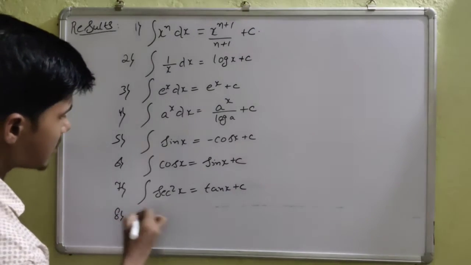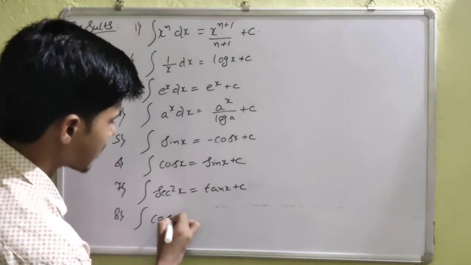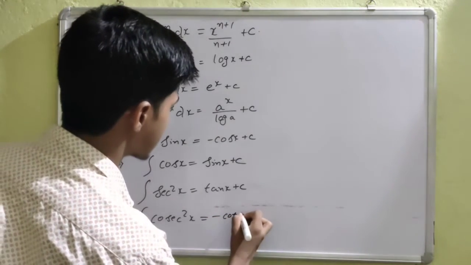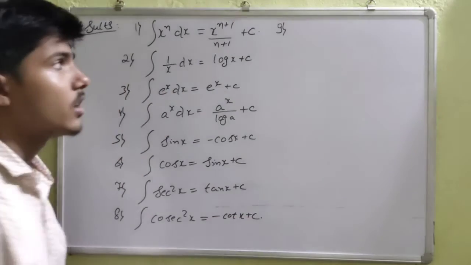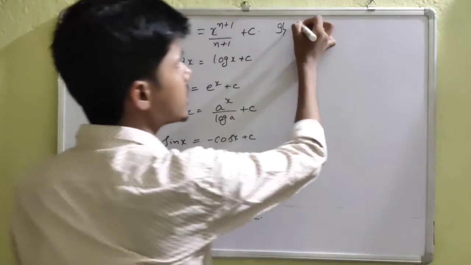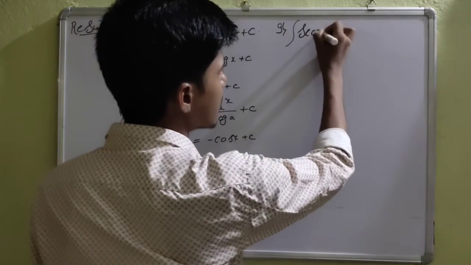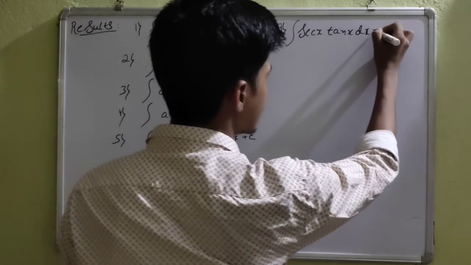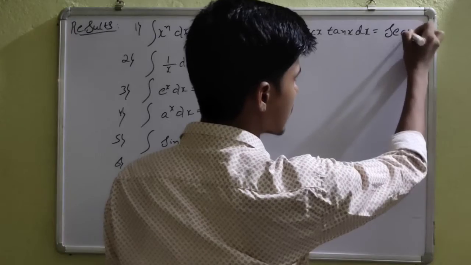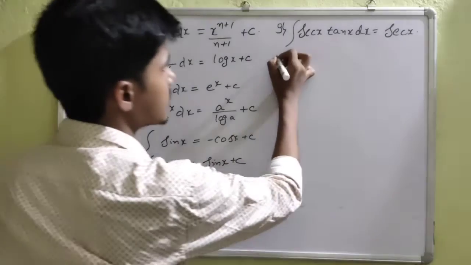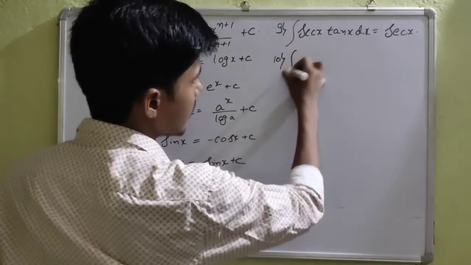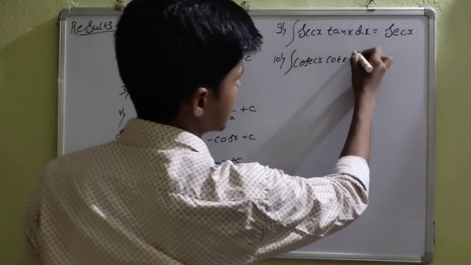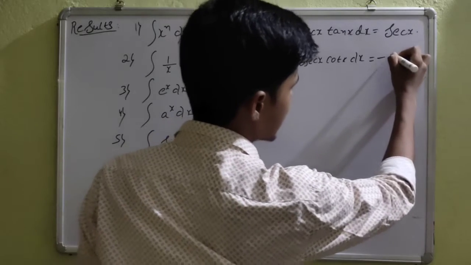The eighth one is integration of cosec square x is equal to minus cot x plus c. The ninth result is integration of sec x tan x dx is equal to sec x plus c. The tenth result is integration of cosec x cot x dx is equal to minus cosec x plus c.